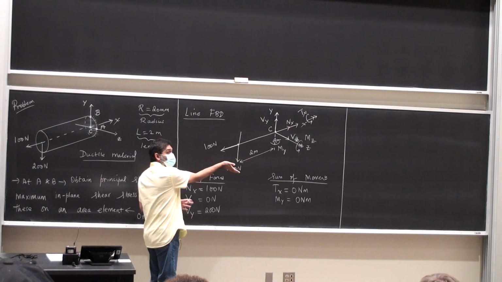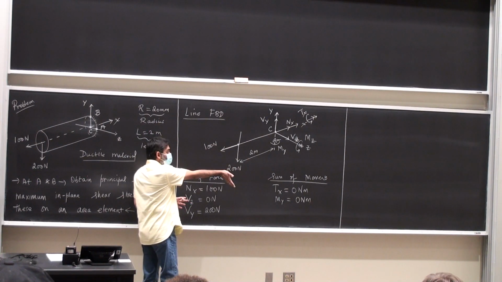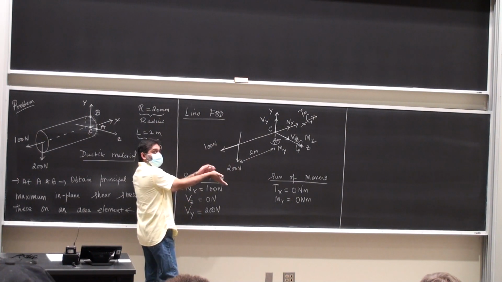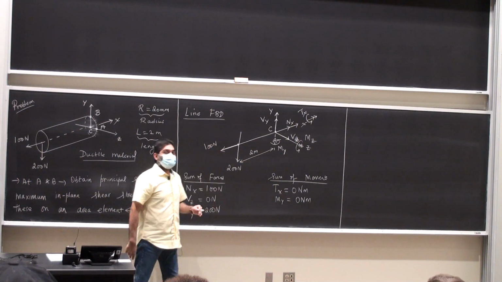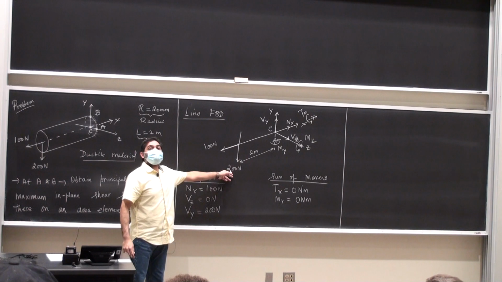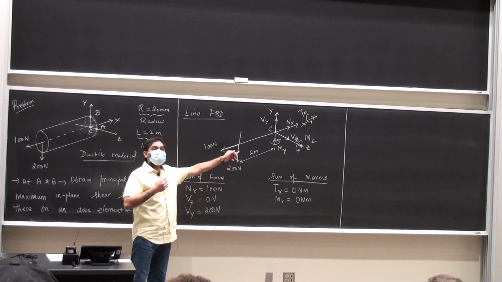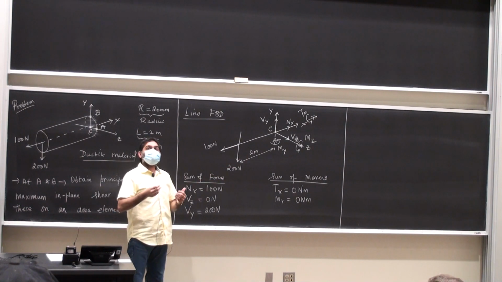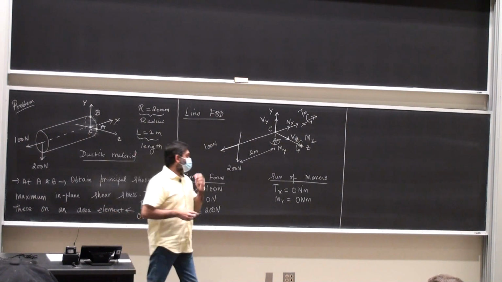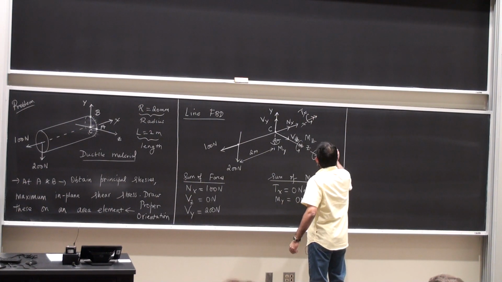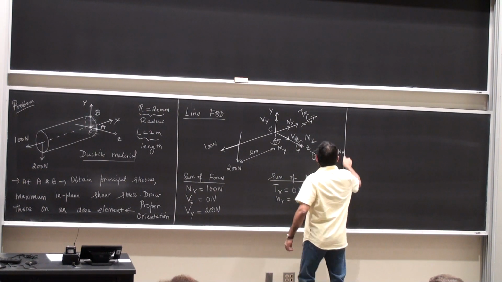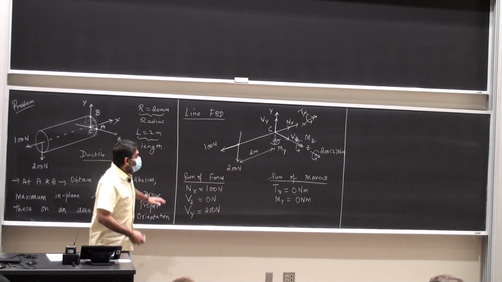Right hand rule: fingers of my right hand aligned with the force, my fingers pointing down, my palm faces the axis z. I curl my fingers. This is going to cause a positive rotation about the z direction of magnitude 200 times 2 Newton meters. Is this clear to everybody?